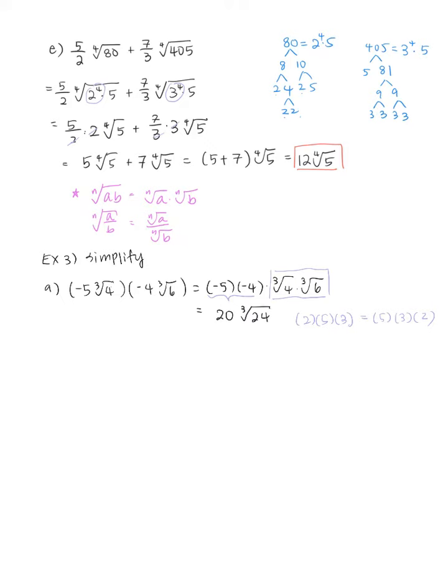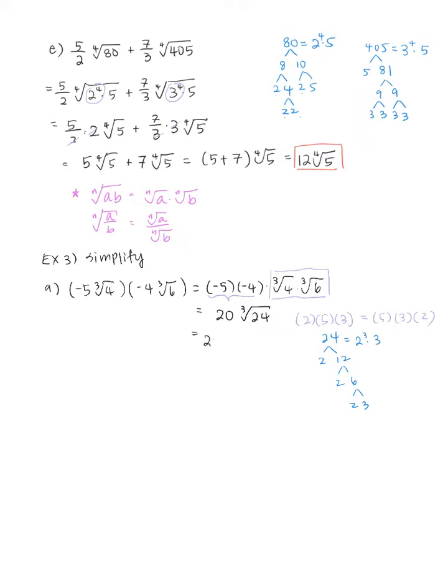Now we can't chill just yet. So now you're going to have to ask yourself, can I still simplify cube root of 24? Let's check. 24, 2 and a 12, 2 and a 6, 2 and a 3. So 24 is 2 to the 3rd times 3. All right, so it looks like we could still simplify this.